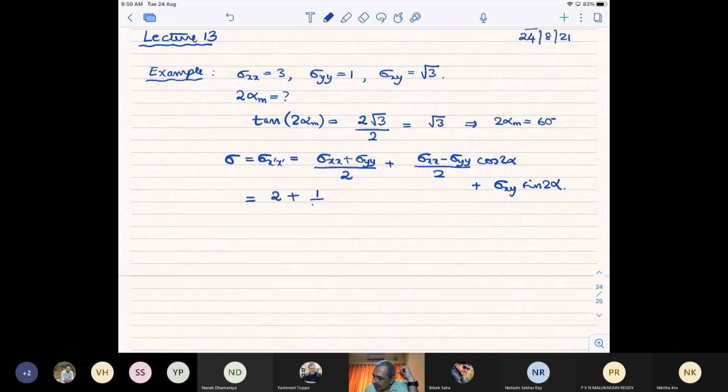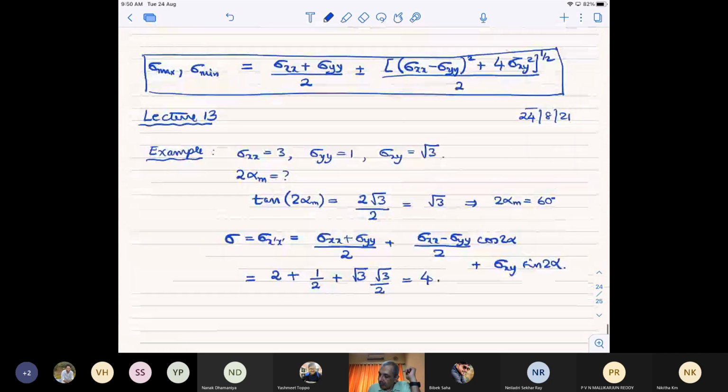So this is 1 by 2 cos of 60 plus sigma xy is root 3, and sine of 60 is just root of 3 divided by 2. So you can see that this is 2 plus 3 by 2 plus half. So if you add it all up, you will get sigma is equal to 4. So at 60 degrees, you get sigma is equal to 4.